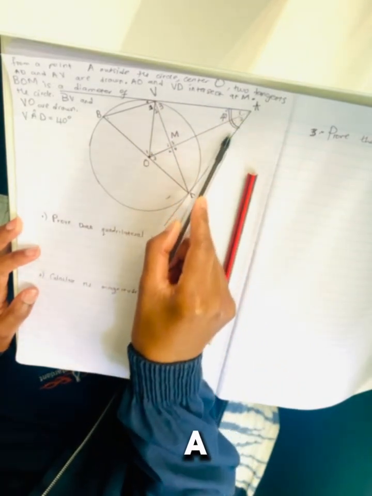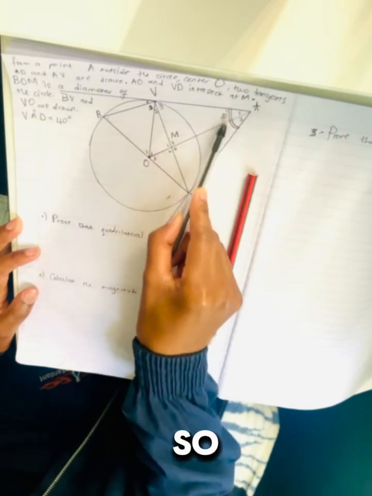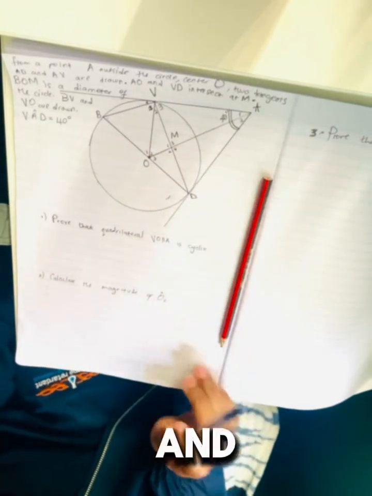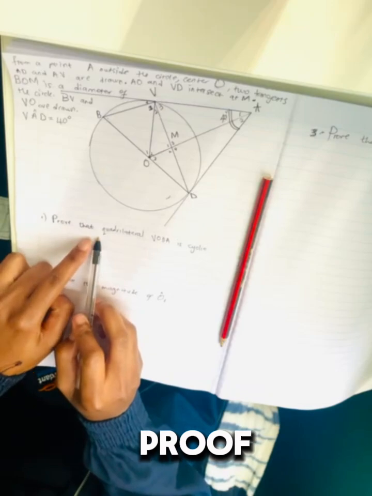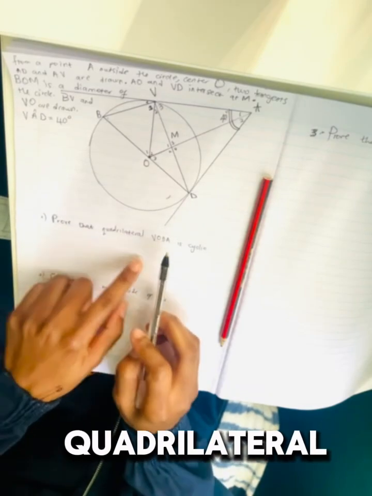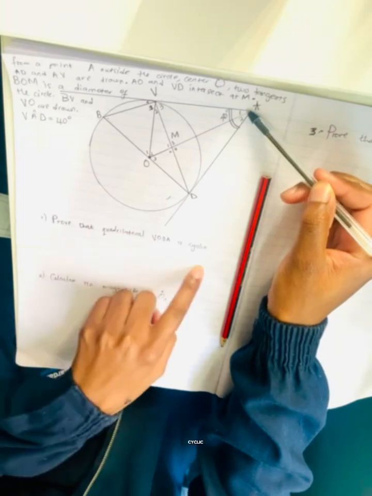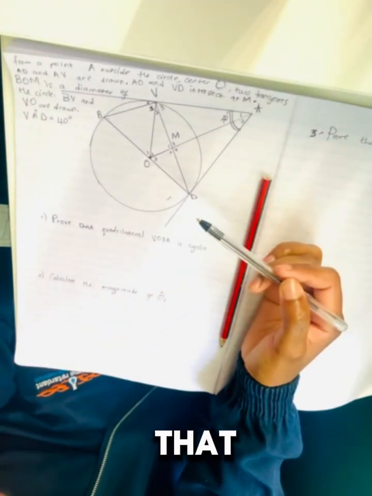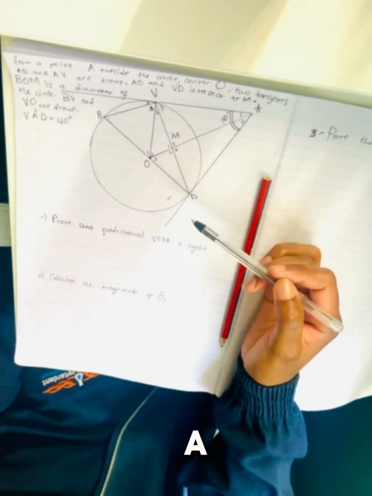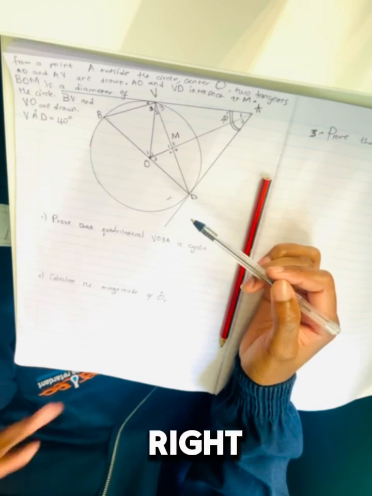Angle VAD is 40 degrees, which is already given. We must prove that quadrilateral VODA is cyclic.